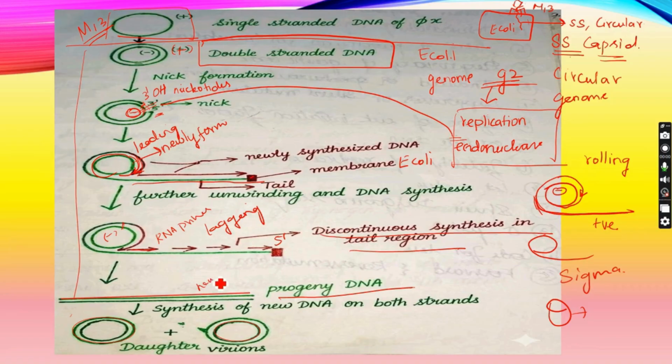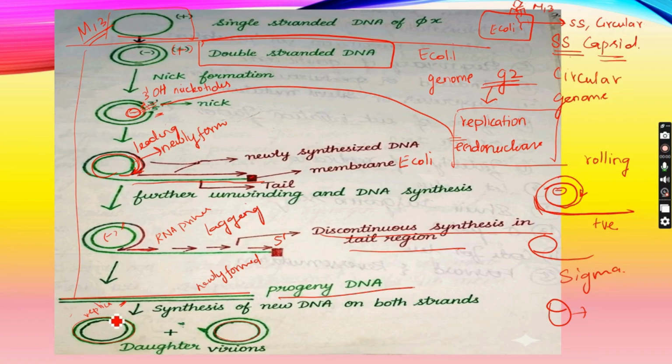One is a newly formed DNA and another is a replica of the positive strand, so that it becomes circularized and leads to the formation of two strands of daughter virions. Therefore, it is a two strand.